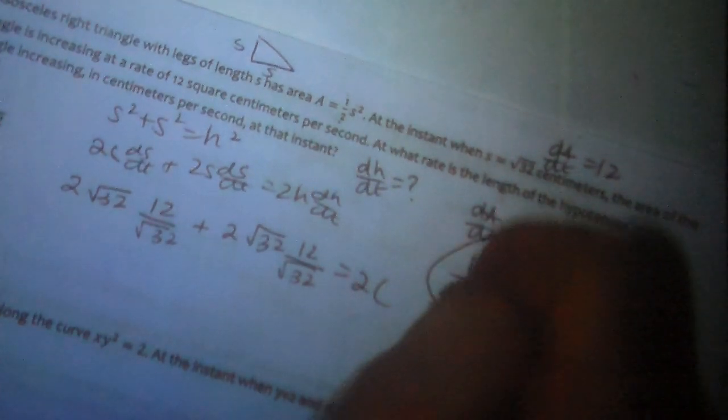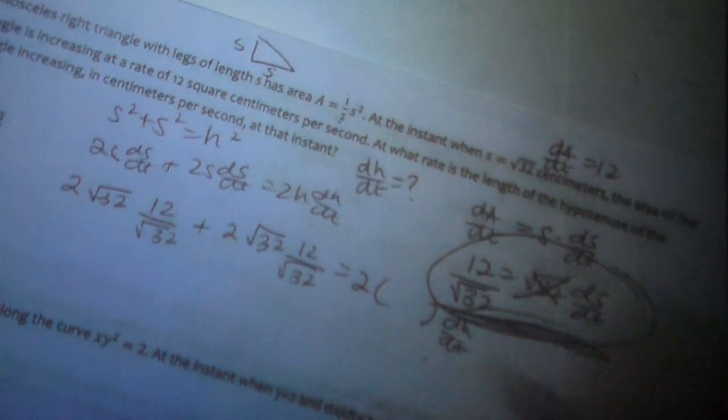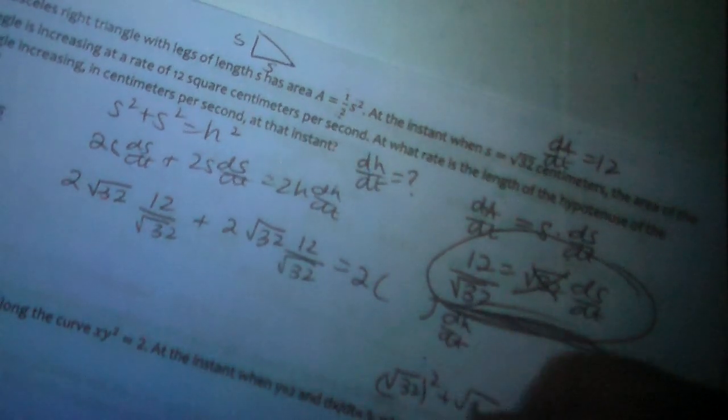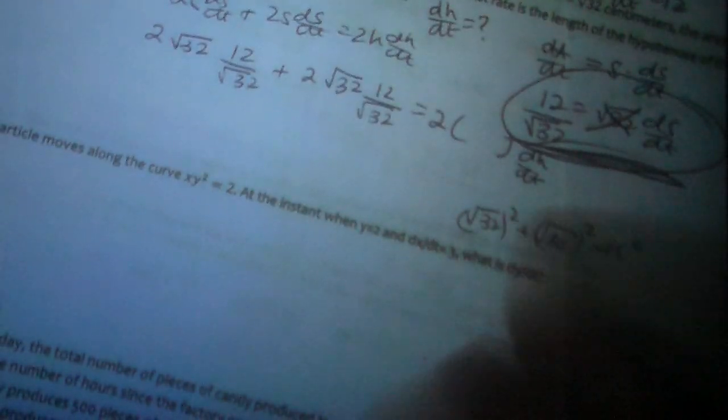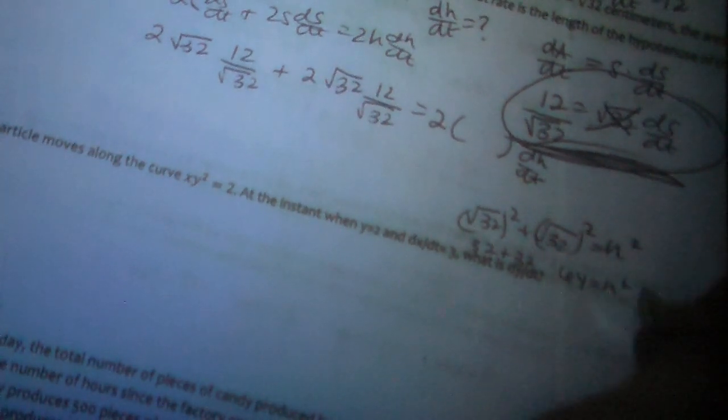You already know s, it's root 32. ds dt is 12 over root 32 plus, I should have combined these, equals 2 times hypotenuse, got to get there in a second, and then looking for dH dt. So hypotenuse, think about you have root 32 squared plus root 32 squared equals hypotenuse squared. This root 32 squared becomes 32 plus 32, which is 64 equals h squared, so your hypotenuse is just 8.